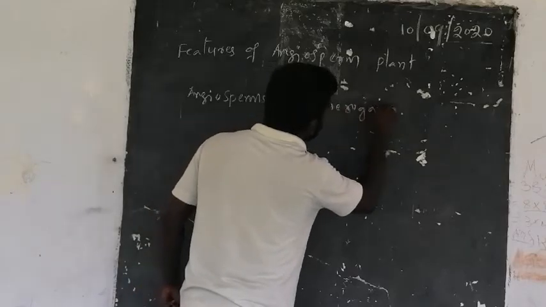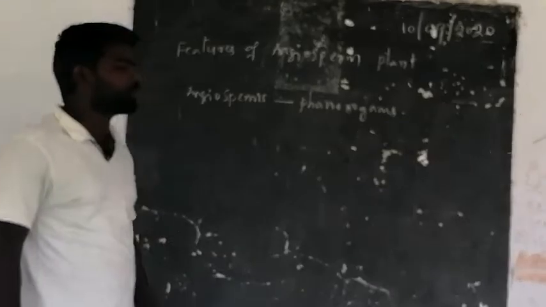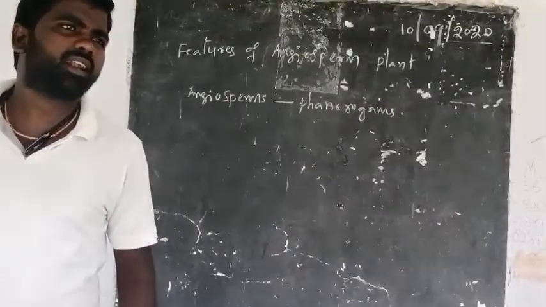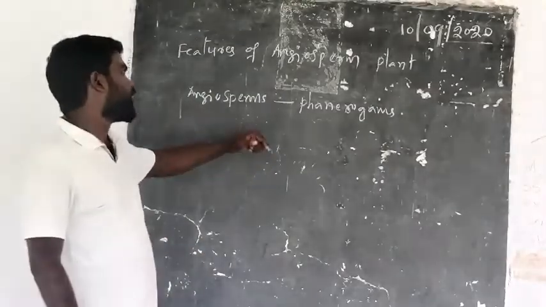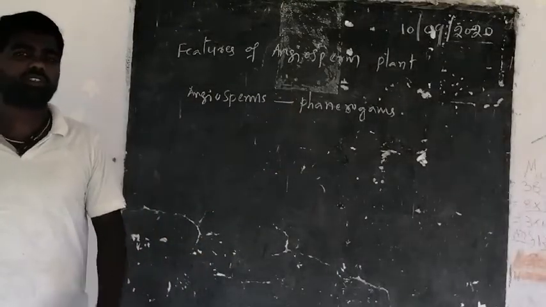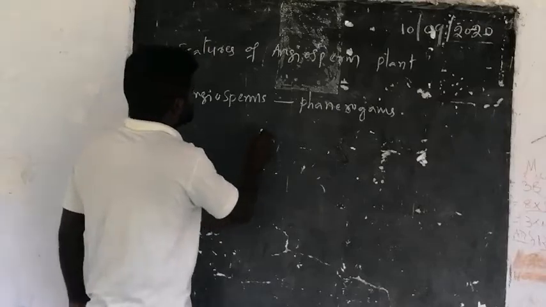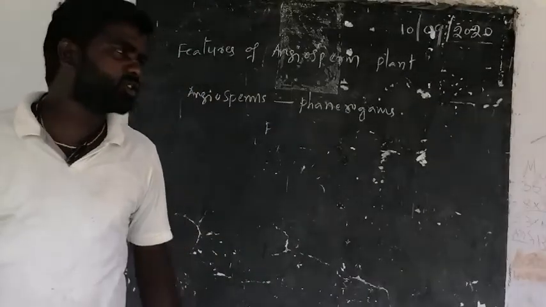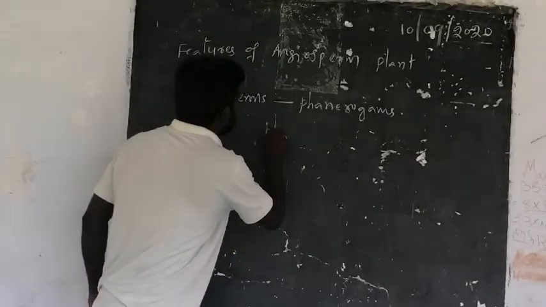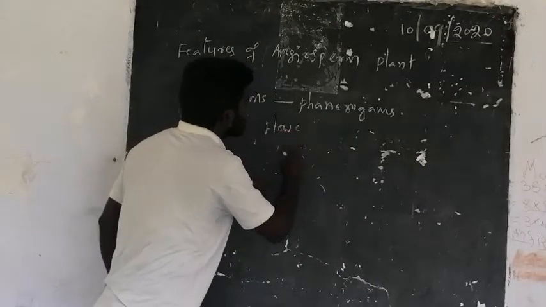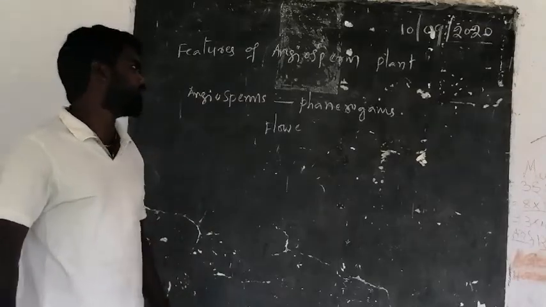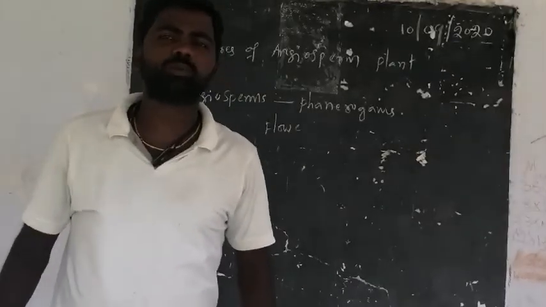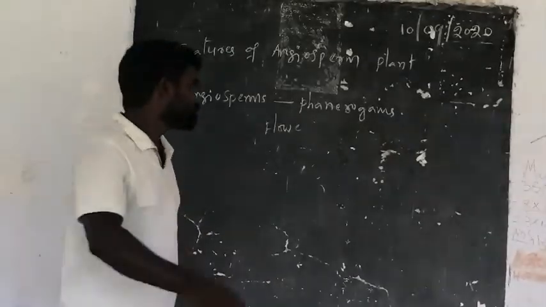What are phanerogams, or what are these angiosperms? The plants which possess flowers, or flower-bearing plants, or the plants which are able to produce flowers, are nothing but angiosperms or phanerogams.